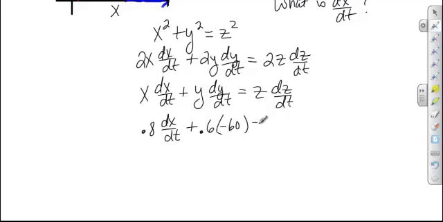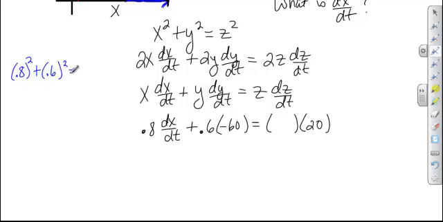So now thinking about that distance z, when x is 8/10 squared and y is 6/10 squared, that has to equal z squared. If you solve that equation for z, you'll find that z is equal to 1, which is convenient. All right, so we're looking at the equation: 0.8 times dx over dt minus 36 equals 20.